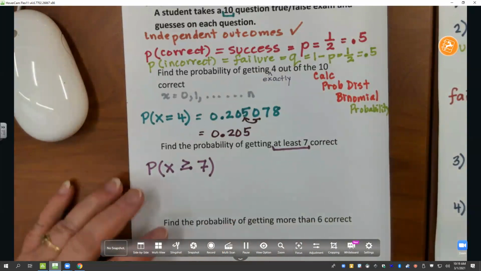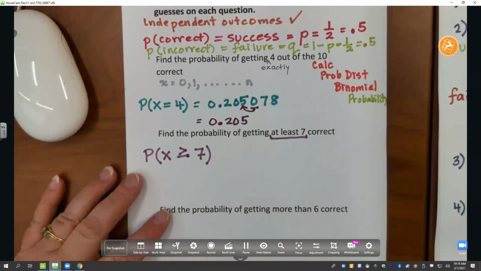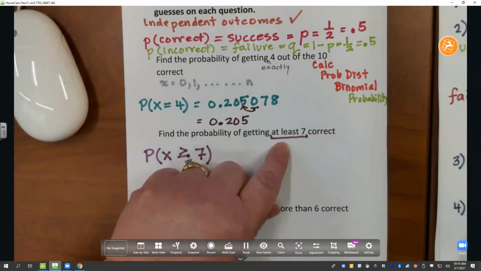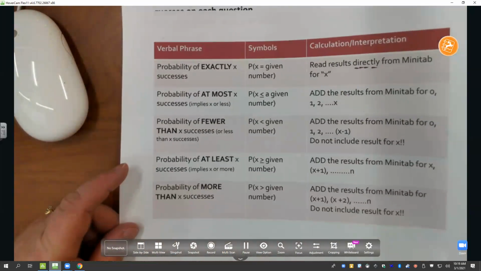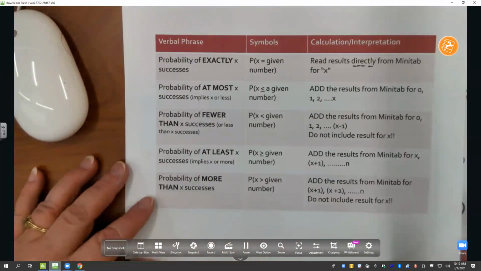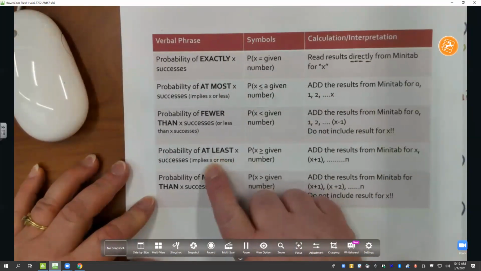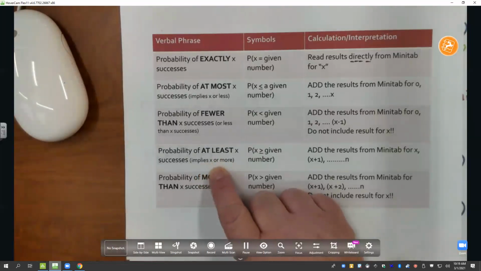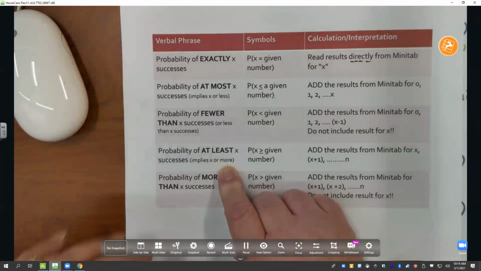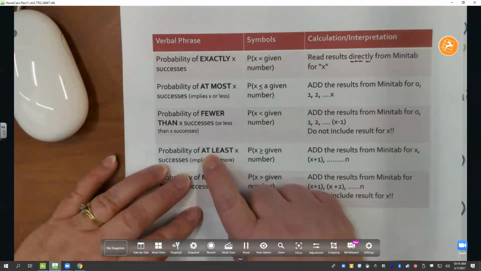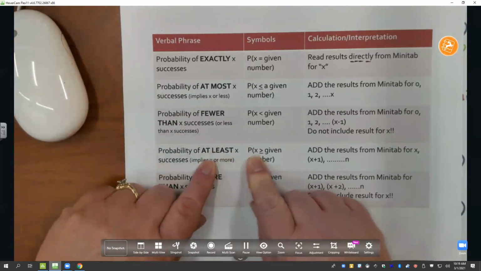If you don't remember that, again, knowing that my key phrase is at least, I'm going to get to my table and I'm going to look for the phrase at least. And it even explains that it implies that you have X or more. So in this case, I would have 7 or more. Okay, so at least, there's my phrase. Read over.